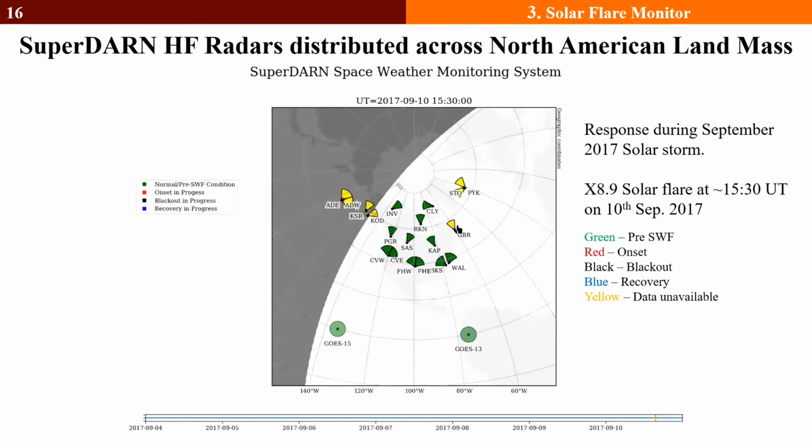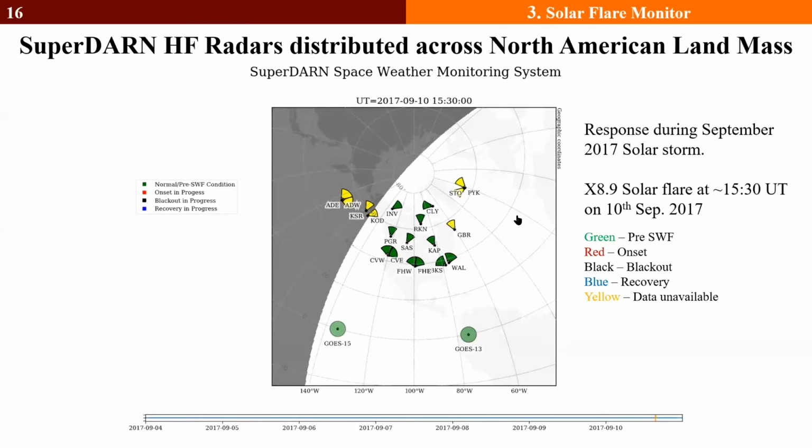So here is one. I'm going to show you a retrospective movie of 1 hour in time, but I'm not going to run it for 1 hour. It might be for 30 seconds or something. This is an example from the September 2017 solar storm, an X8.9 class flare, which started at 15:30 UT on the 10th of September, when the sun was over the east coast of North America, over the Atlantic.